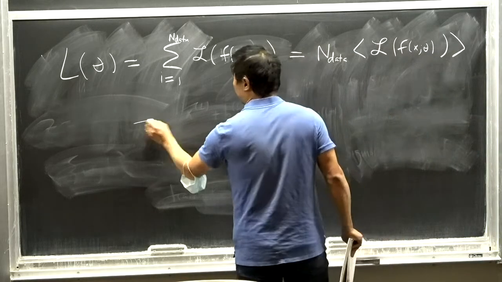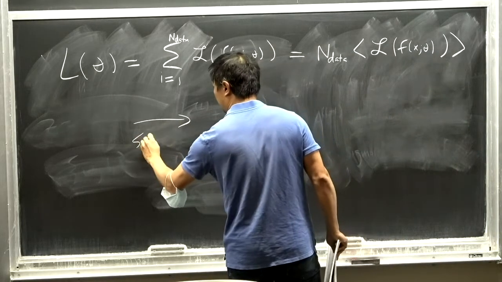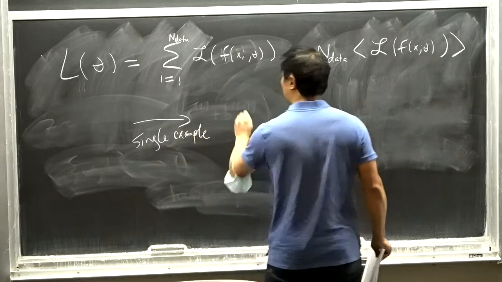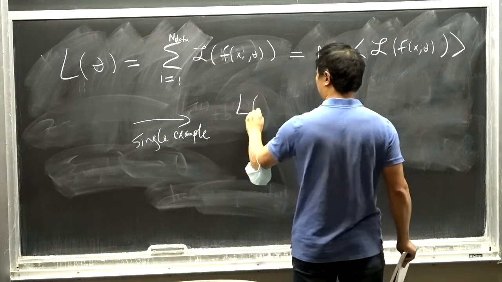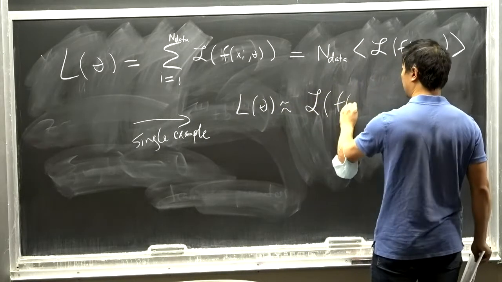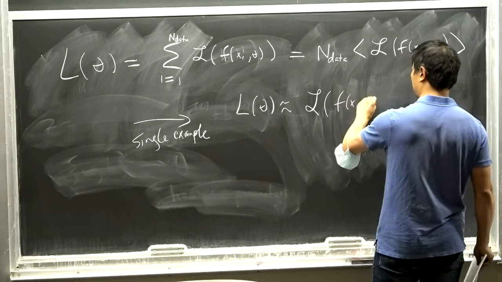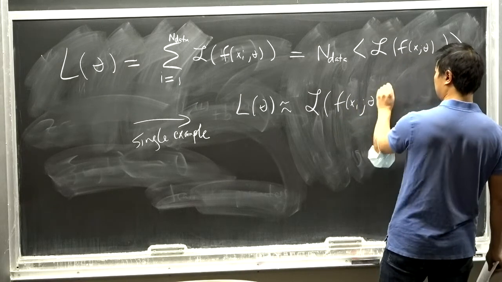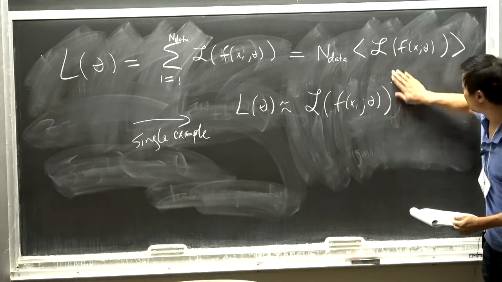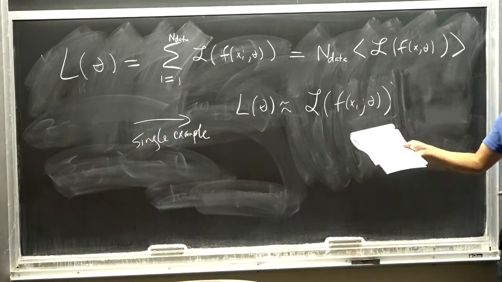So instead, if I take a single example, then I say that L of theta is approximately... So that's an extreme example.